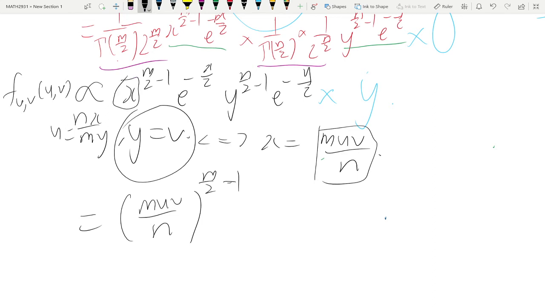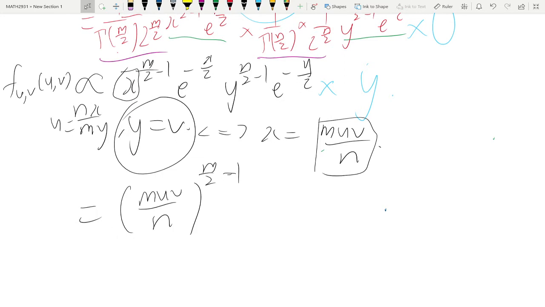I do the same thing with the exponential part as well, because it's also in terms of x: nuv over 2m. Y is just v, so it's pretty straightforward. There's a y over here, so the powers just add up, and it's exponential negative v on 2.